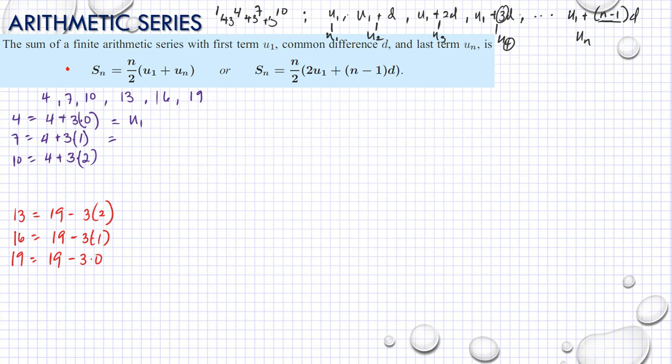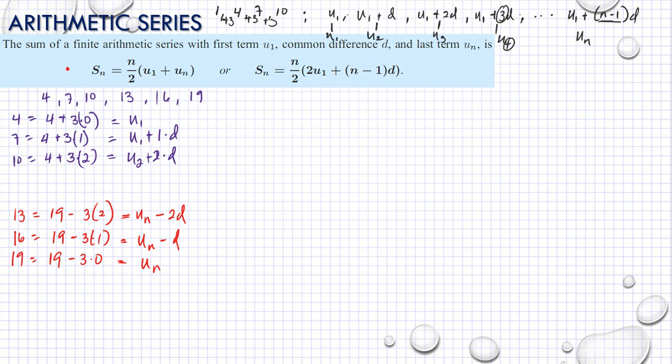This is now u sub 1 plus 1 times the difference, u sub 1 plus 2 times the difference. And for this one, we have u sub n minus 2 times the difference, u sub n minus the difference, and then u sub n.